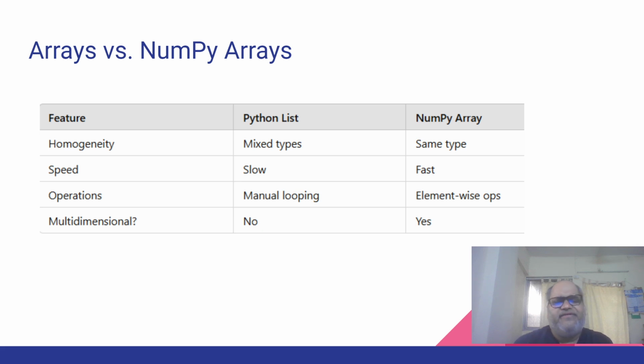Before we move ahead, since we have just done a formal introduction of arrays, and you have already seen what a list is in your earlier classes, you might be tested on this in your exam. So even from that perspective, pay attention to how they are different from each other. First, homogeneity. Python lists can have data of mixed types.